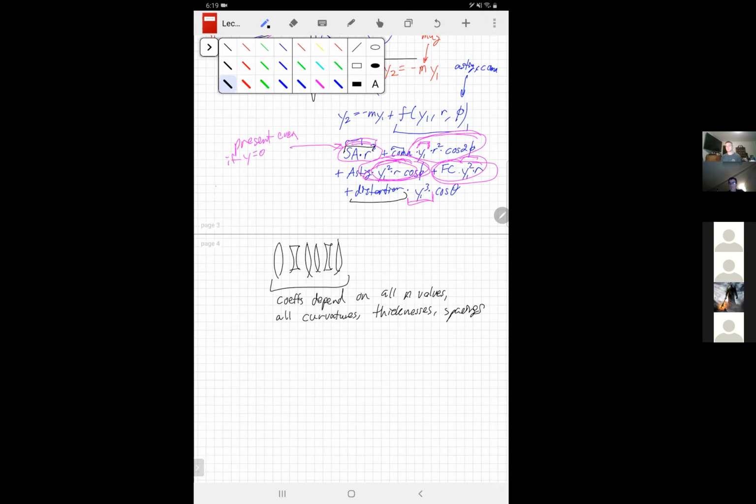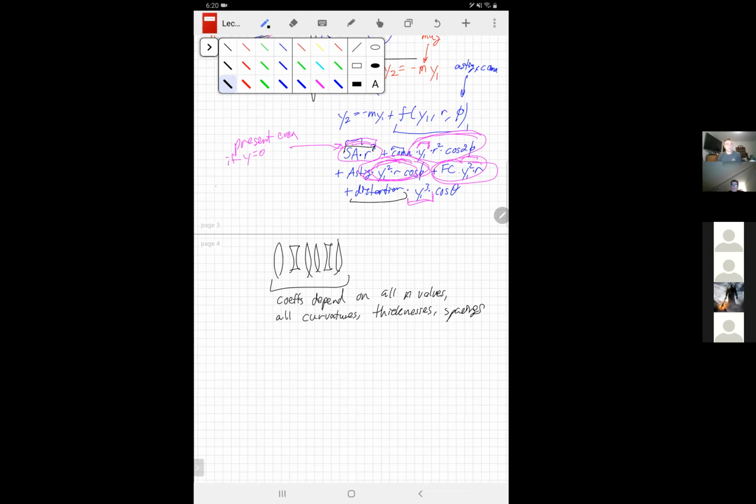Before they had computers, some people would actually do that. They derive a formula for the coefficient of r cubed, and another formula for the coefficient of y1 r squared, and another formula for the coefficient of y1 squared r. And then they would say what combination of curvatures and indices and whatnot will make these coefficients, if not zero, at least small. Does that answer your question? Yes, thank you very much. Okay.